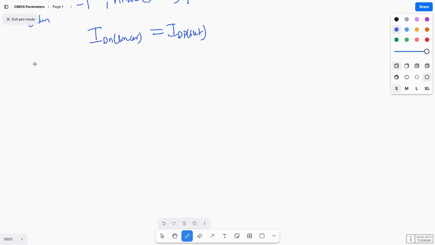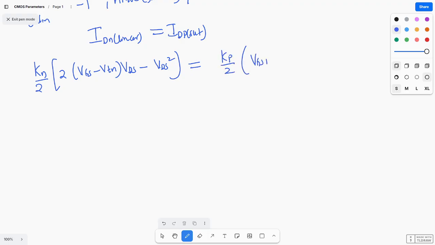So this is Kn by 2, 2 into (VGSN minus VTN) into VDSN minus VDSN whole square. This is equal to Kp by 2, (VGSP minus VTP) whole square.